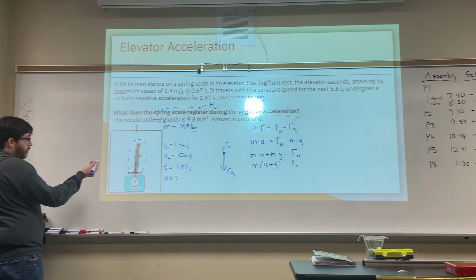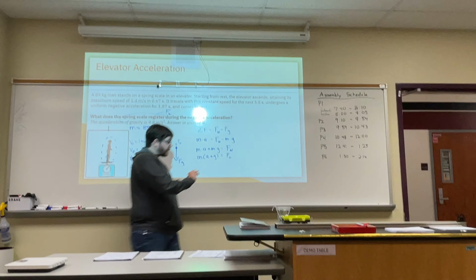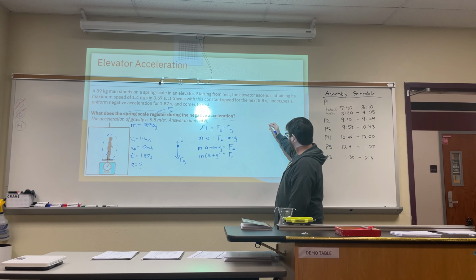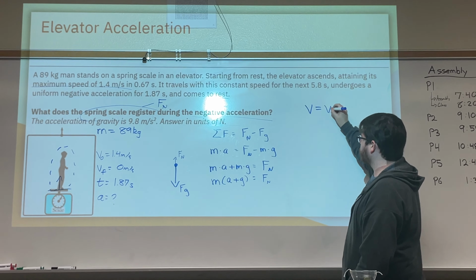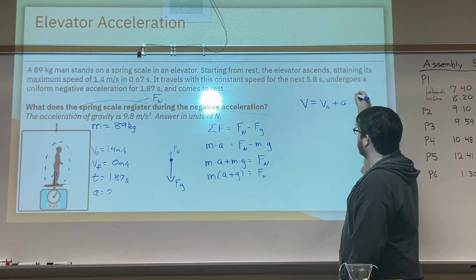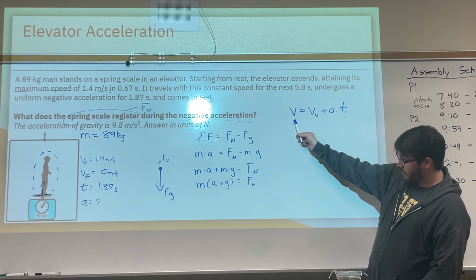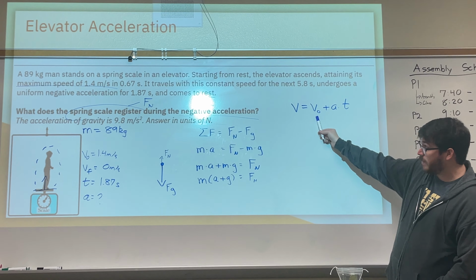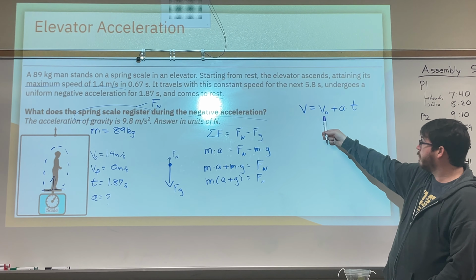The only equation that would be really appropriate is our general equation from the ramp lab. Our velocity is equal to our starting velocity plus our acceleration times time. We know it ends up at rest, and that it started off with the maximum speed of 1.4 meters per second.